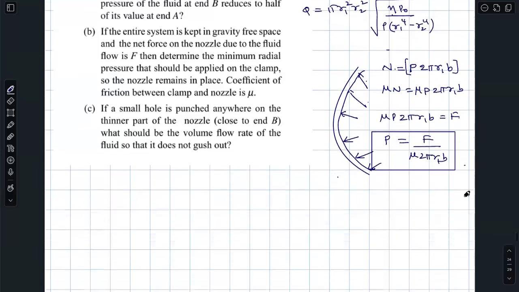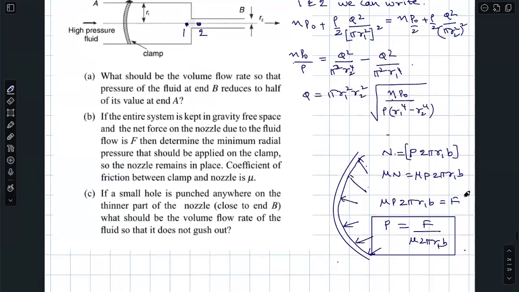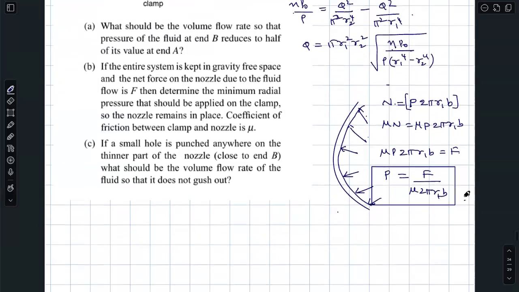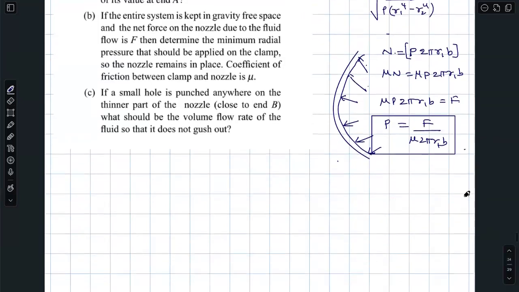If a small hole is punctured anywhere on the thinner part of the nozzle close to end B, what should be the volume rate of flow so that it does not gush out? Very simple.